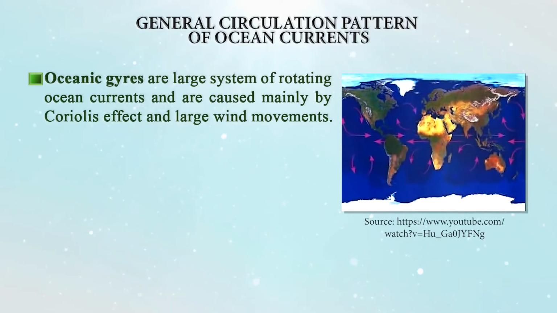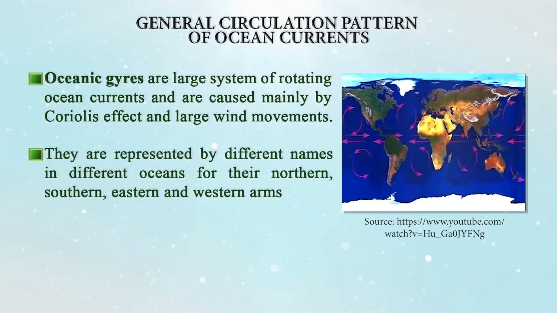As I told you, ocean currents get deflected due to the rotation of the earth, or Coriolis force, which comes into effect, and it deflects to the right in the northern hemisphere and to the left in the southern hemisphere. So, large oceanic gyres are formed, which are large rotating systems of ocean currents and are caused mainly by the Coriolis effect and large wind movements.